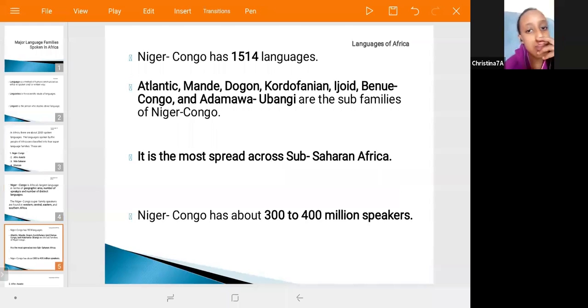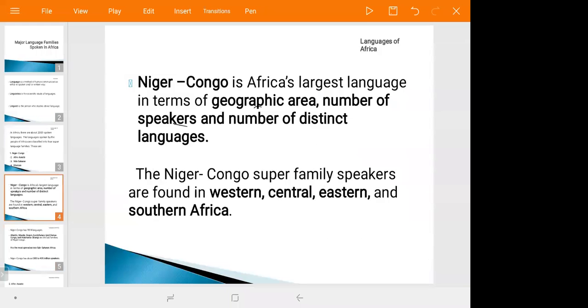Okay. So when you look at the super language families of the world, we use different criteria. If you take the number of speakers, you take the Austronesian super family as first.